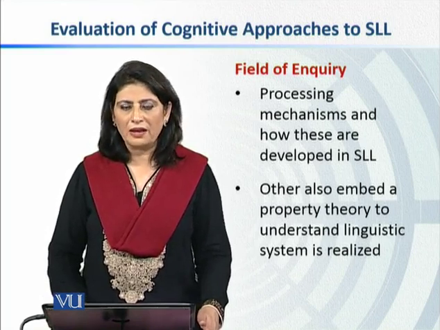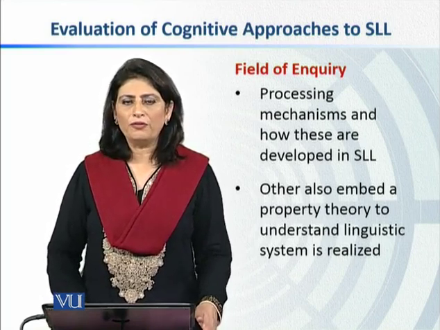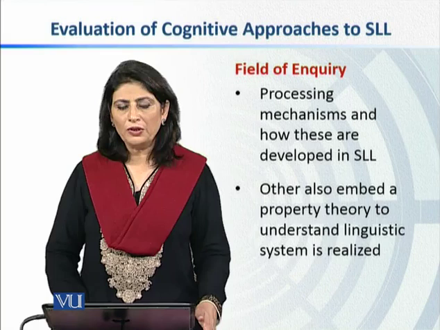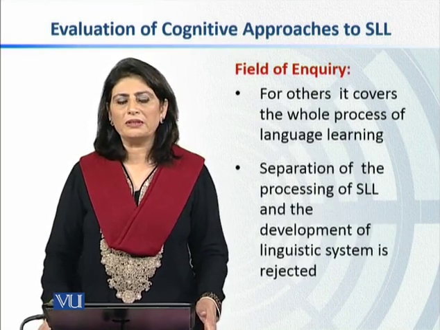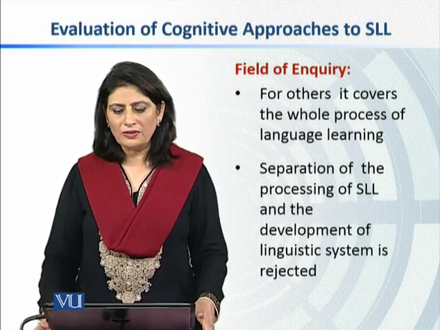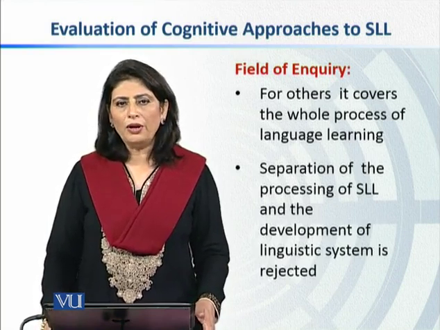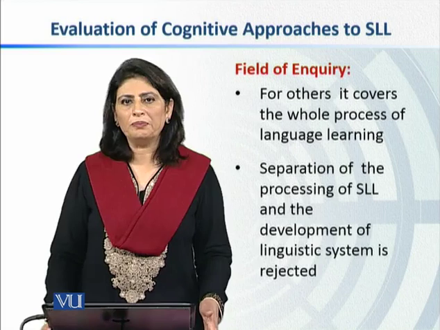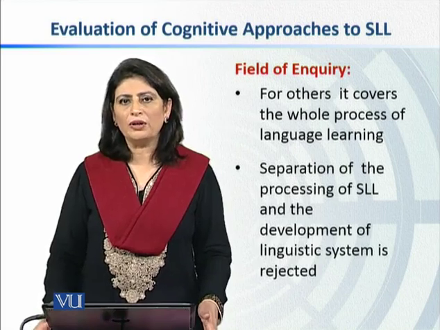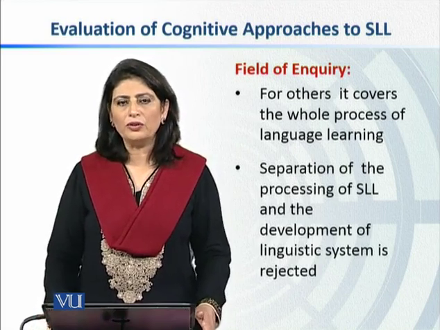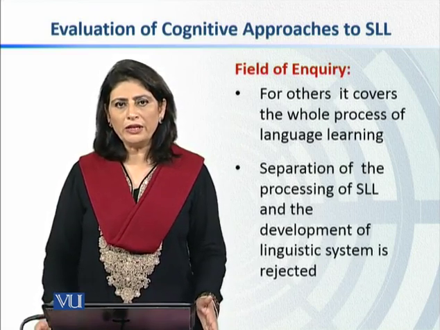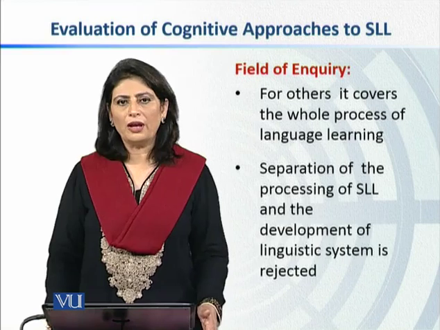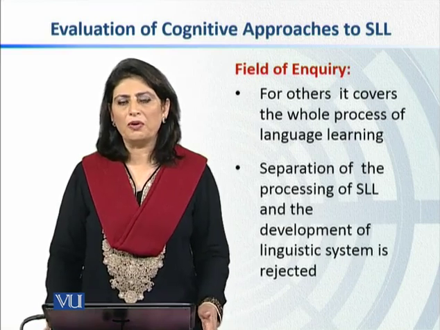And one example of this approach, which rejects the universal grammar principles, is the connectionist approach. For others, there are theories within cognitive approaches that cover the whole process of language learning. So they look at the structure of the language and they look at how it is processed.